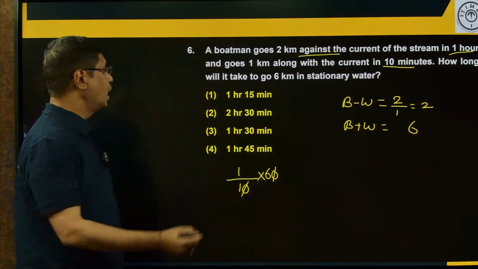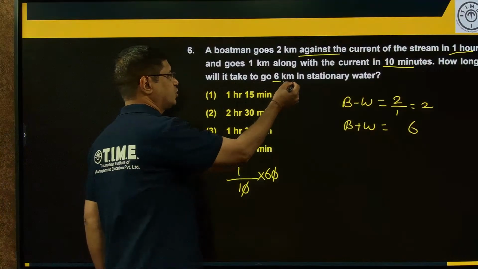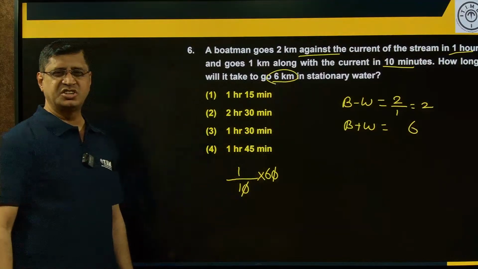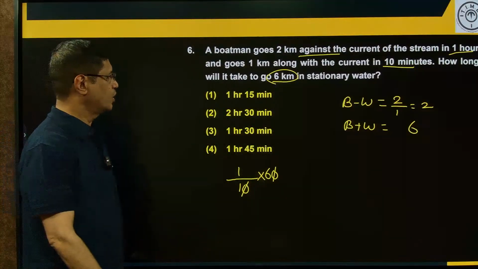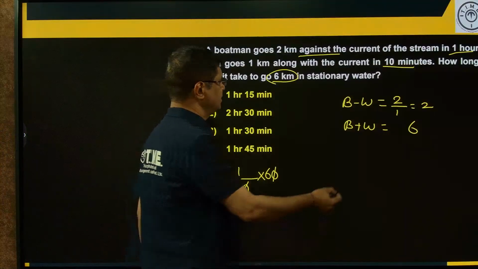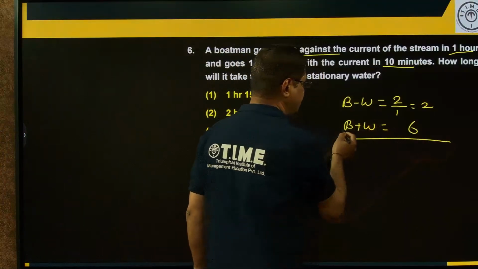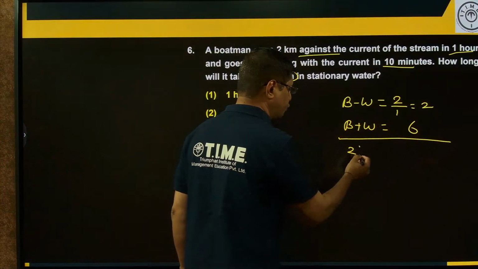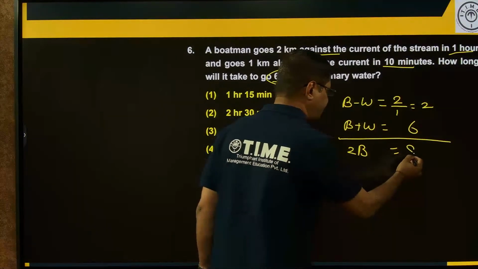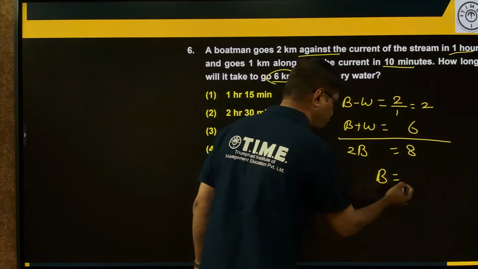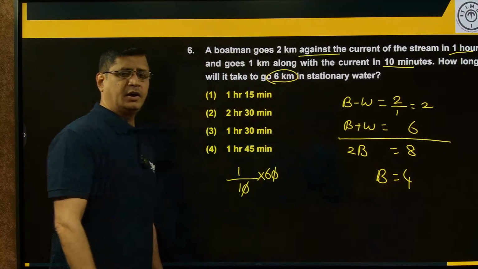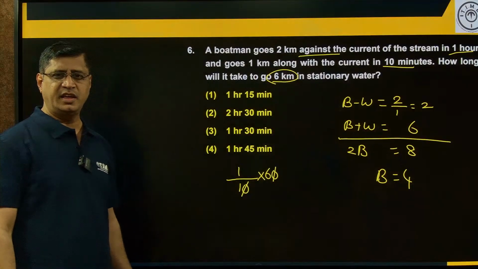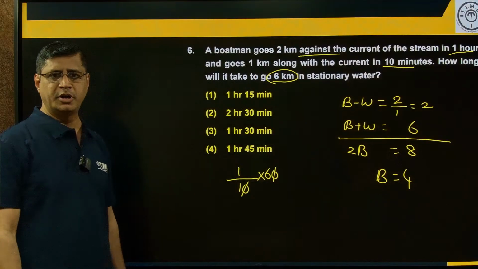What to find? How long will it take to go 6 kilometers in stationary water, means still water. Now B value to be found. Simplify first of all. By adding these two, W gets cancelled. Now 2B is equal to 8. The value of B is equal to 4. Now speed of the boat in still water is 4 km per hour.